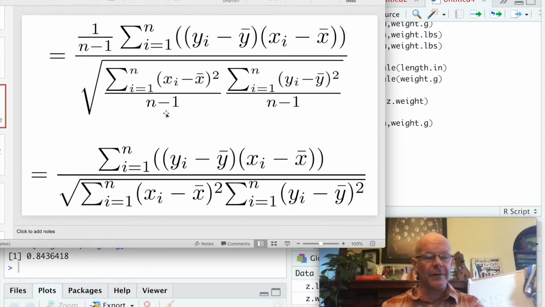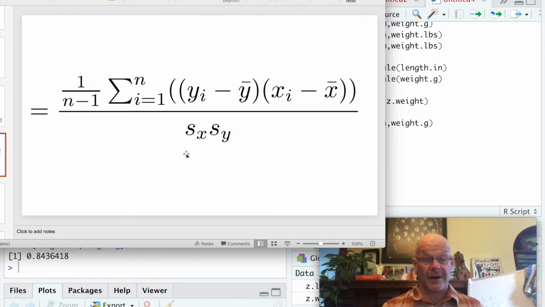And so here we have our covariance, and then all of this stuff down here is just telling us that we're calculating the standard deviation of x and the standard deviation of y, right? Because we're taking the square root. This would be the variance of x. This is the variance of y. Take the square root of that. It's going to be the standard deviation of both of those. And likewise, we could do it more shorthand and just say, okay, well, we're going to calculate the covariance and then simply divide it by both of the standard deviations.